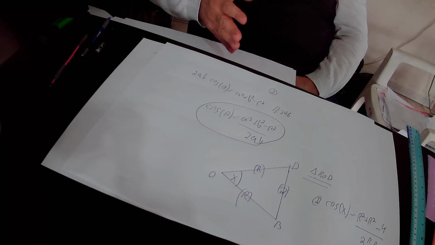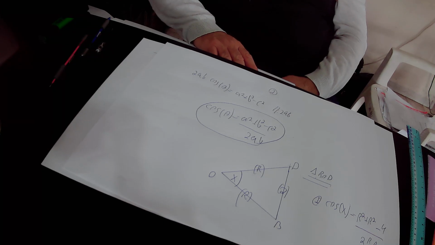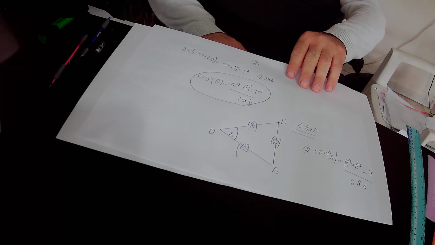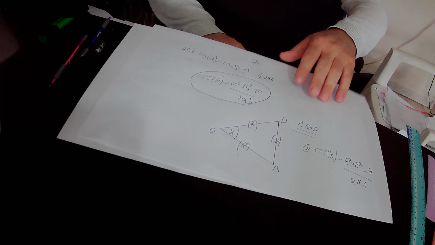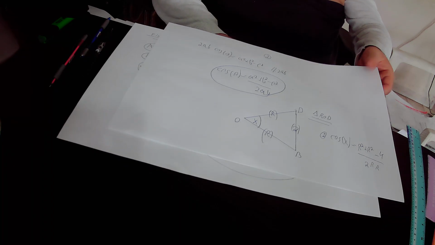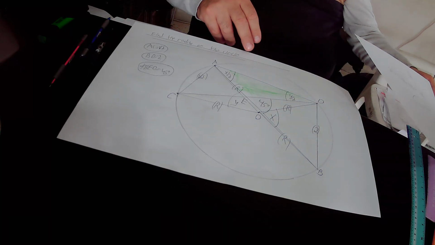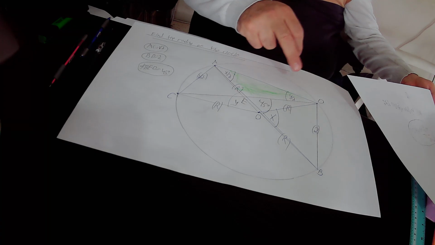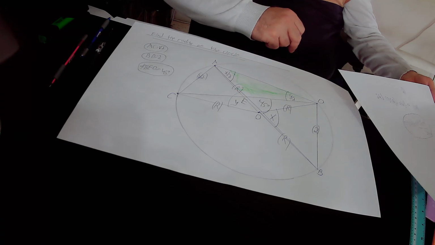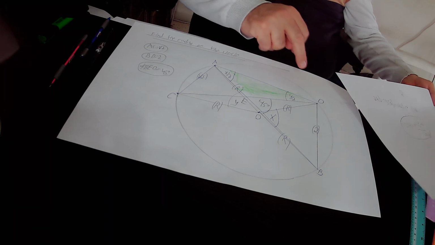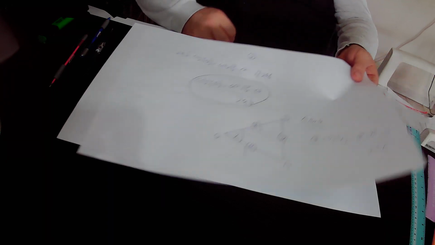Now we can implement the law of cosines in our triangle. This is triangle BOD that I copied from the original drawing. OB and OD are both the radii of this circle, and therefore they are equal to each other. Each of them equals R, and side DB equals 2 units in its length.